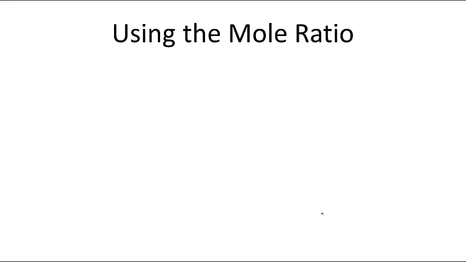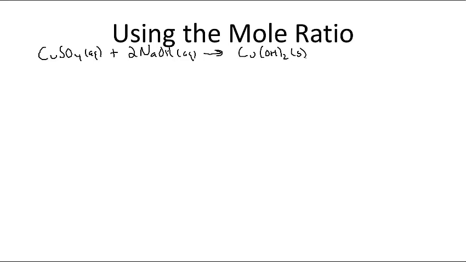So, using the mole ratio, let's just say we have this reaction, the one we talked about before. We have copper sulfate, aqueous, plus 2 NaOH, aqueous, makes copper hydroxide, which is a solid, we can look on the back of our periodic table to figure that out, plus Na2SO4, sodium sulfate, which is aqueous.